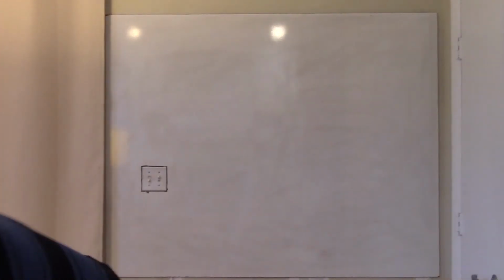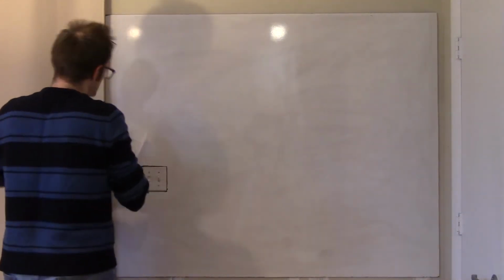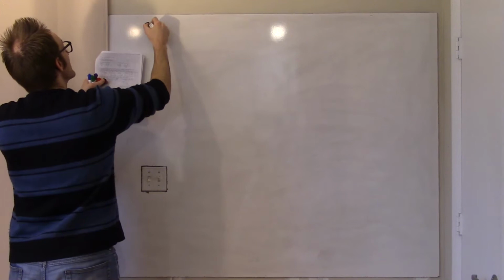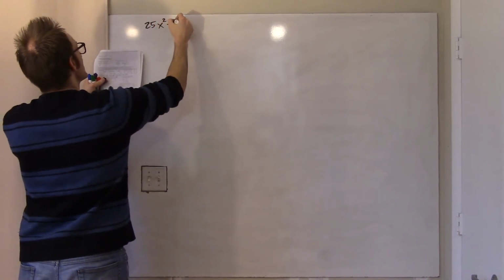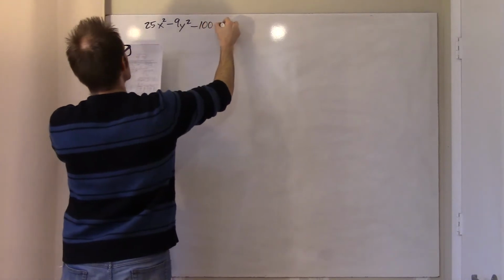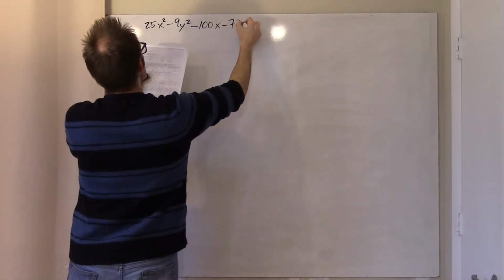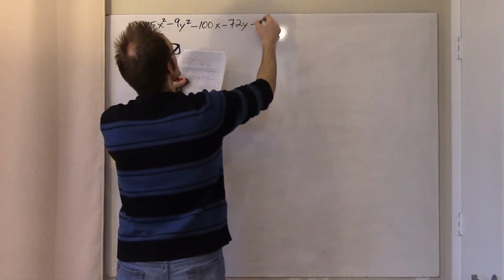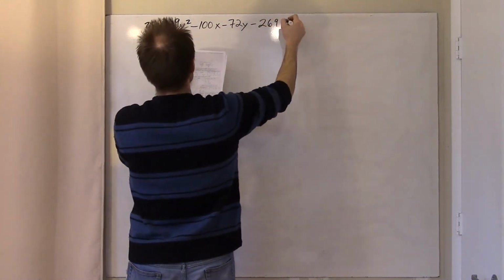Okay, let's go. Second to last page. Here we go. 25x squared minus 9y squared minus 100x minus 72y minus 269 equals 0.